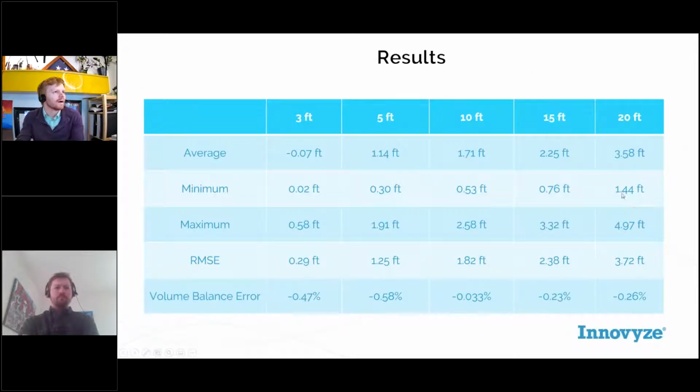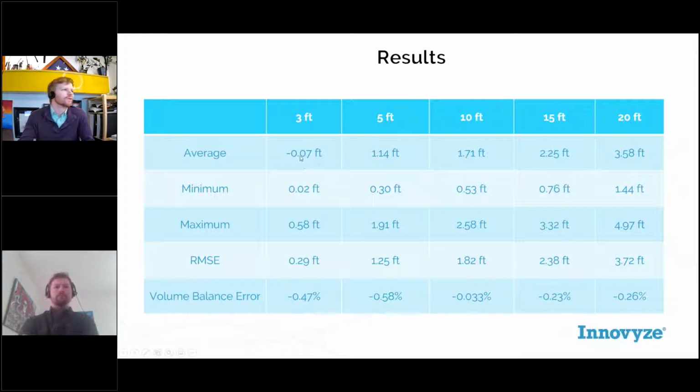These are the results that I ended up coming up with. You can see we basically have the range and the average of the difference compared to those high water marks. Again, the only thing that I changed was the resolution of the mesh.